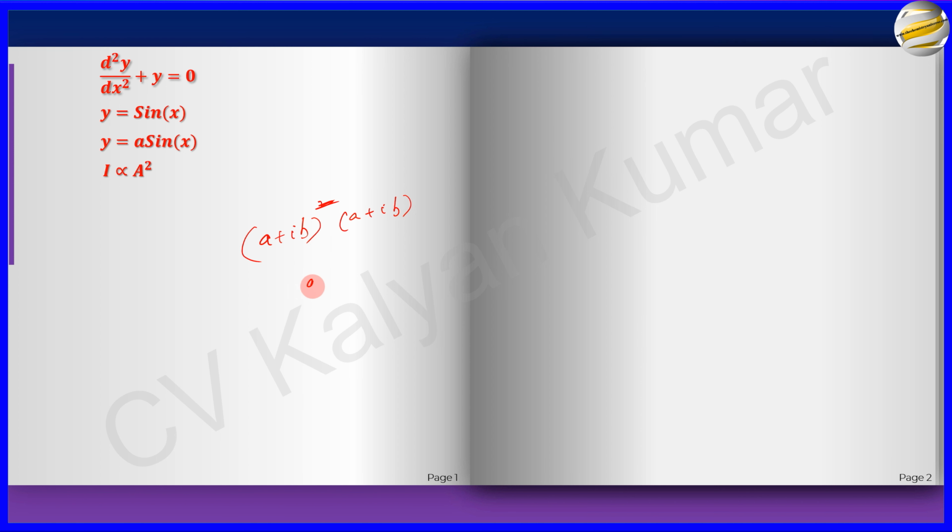Now this would give me a squared, and this would give me abi, and this would again give me another abi, and then this would give me plus i squared b squared, and i squared is -1, so I get a squared minus b squared plus 2abi. But I don't want this in my squared term. So for a complex function, instead of squaring the function, we multiply it by its conjugate.